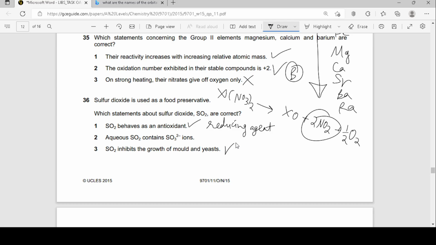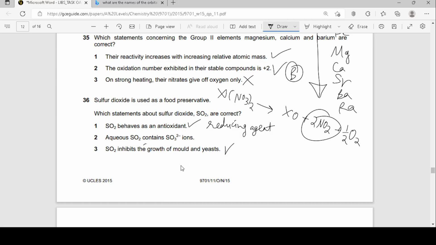It helps preserve the food that way, because it's reducing the oxygen in the package and preventing oxygen from being there. It's a reducing agent and antioxidant, so aerobic bacteria are not there to respire on the food, and so the food remains fresh.